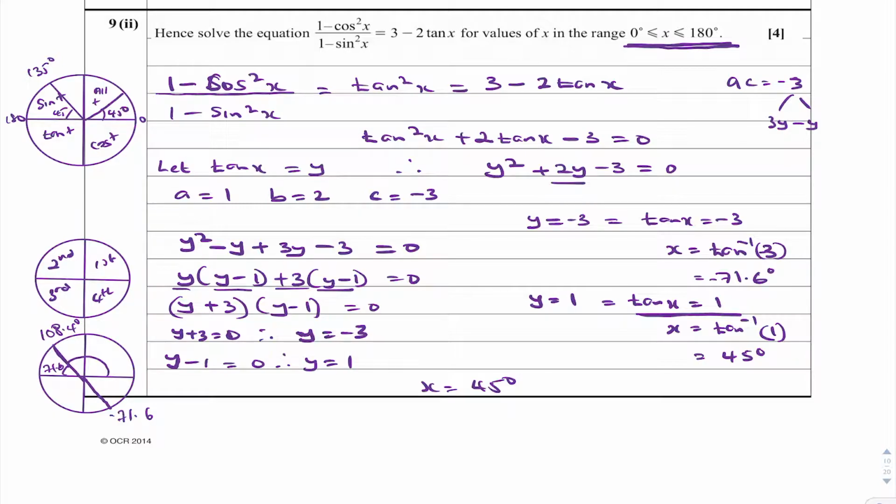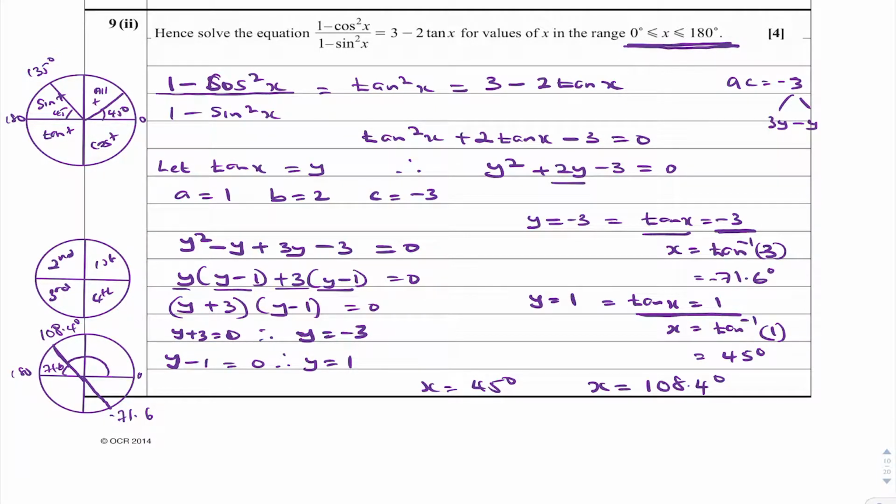We're going from between 0 and 180. But yes, in the second quadrant, tan is negative, and the value of tan x that we got is also negative. So because it's negative and tan is negative in the second quadrant, that's acceptable. So we needed x to be also equal to 108.4 degrees.